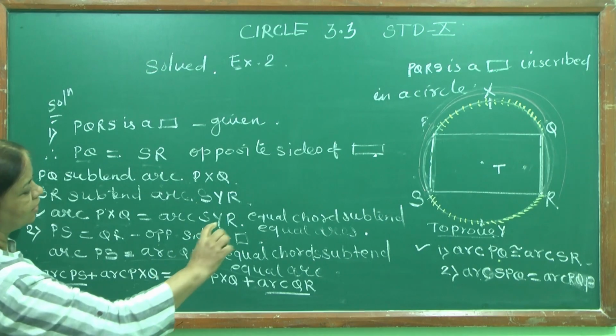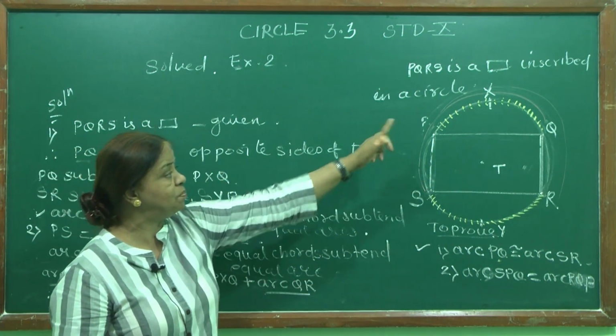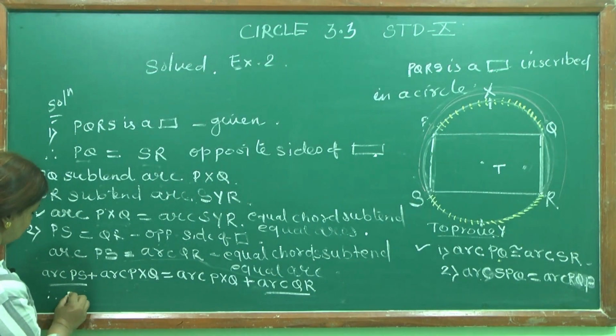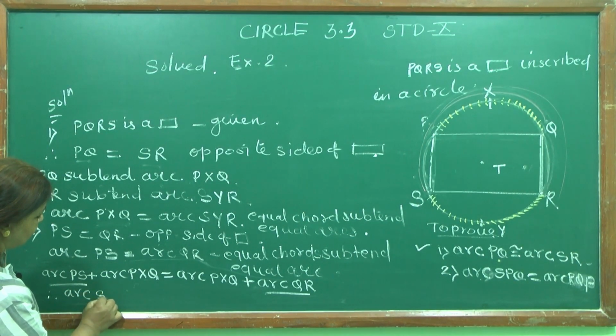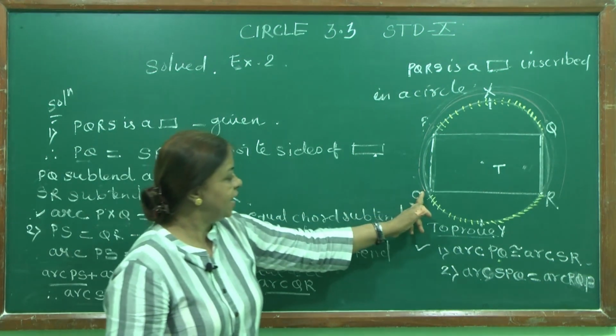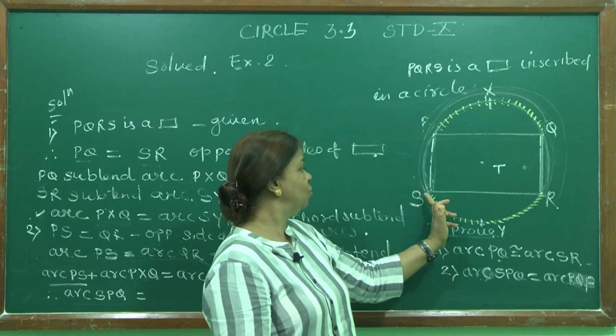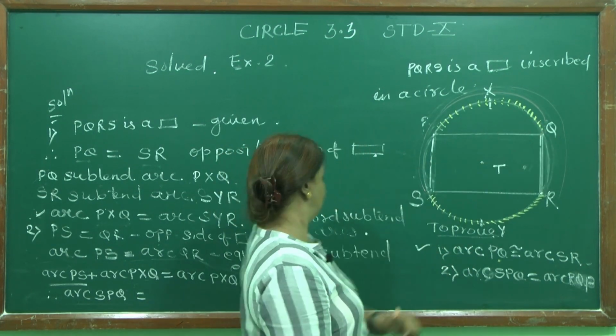I can say arc SPQ, because SP plus PXQ will be SPQ. Arc SPQ is equal to, see, SP plus PXQ is going to be equal to SPQ.